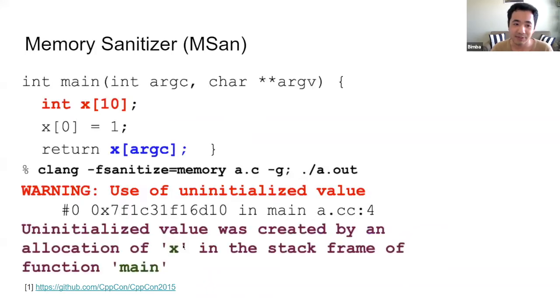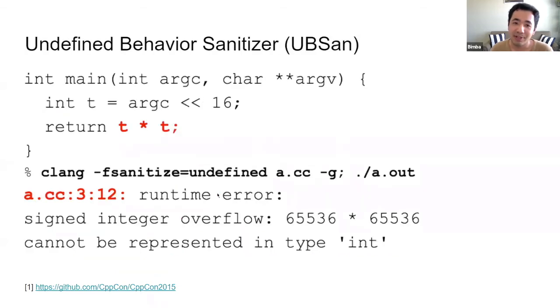There's Memory Sanitizer, which lets you find things like this: if you've declared an integer array but haven't, for example, initialized it to 0, as far as the compiler is concerned that's an uninitialized value, and it doesn't know what could be there. So it'll warn you about stuff like that. There's Undefined Behavior Sanitizer, which in my experience hasn't been all that useful.